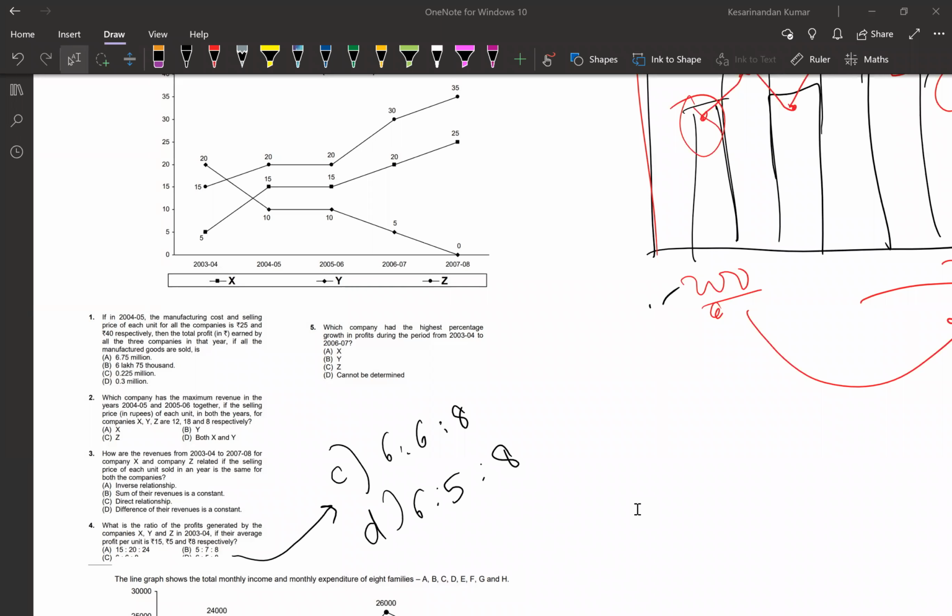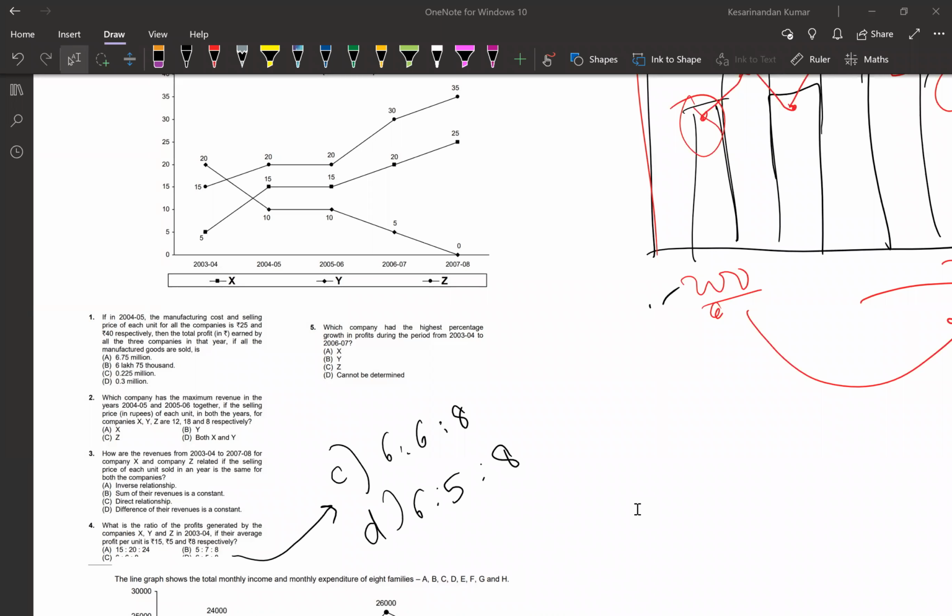Yes, Ashwik, third is correct. No, Manideep, fifth is not correct. Where did you get stuck in the question? Actually, Kesari, I was still thinking about that one only.